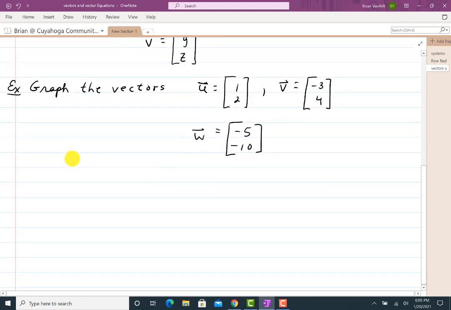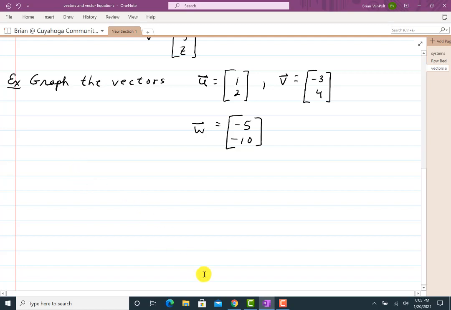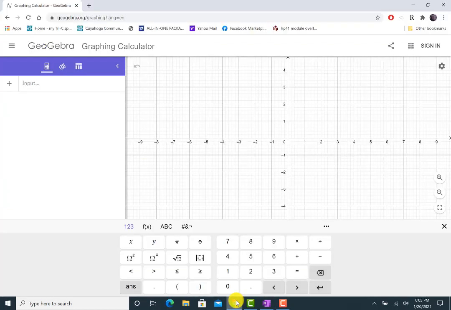Let me give myself space here, but let me come back to Geogebra. The first one was 1, 2, and it was called U. So in Geogebra, you type U equals, and then you put parentheses, and then 1, 2.